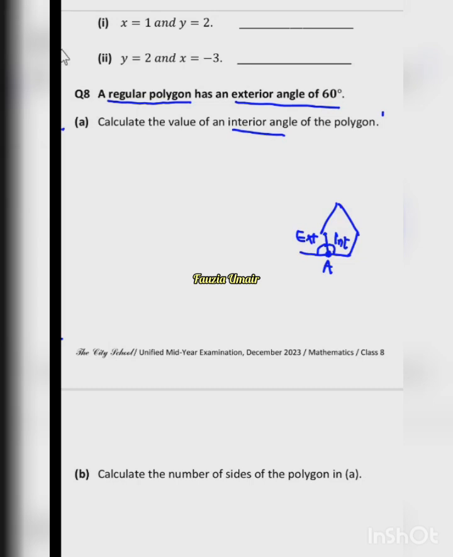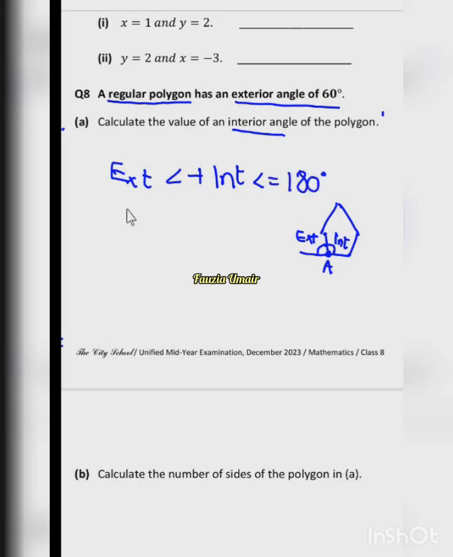If you remember, when we started this chapter, polygons, we wrote four major general properties of polygons. In that, we wrote down that the sum of exterior and interior angle is always 180 degrees. So exterior angle plus interior angle is equal to 180 degrees.